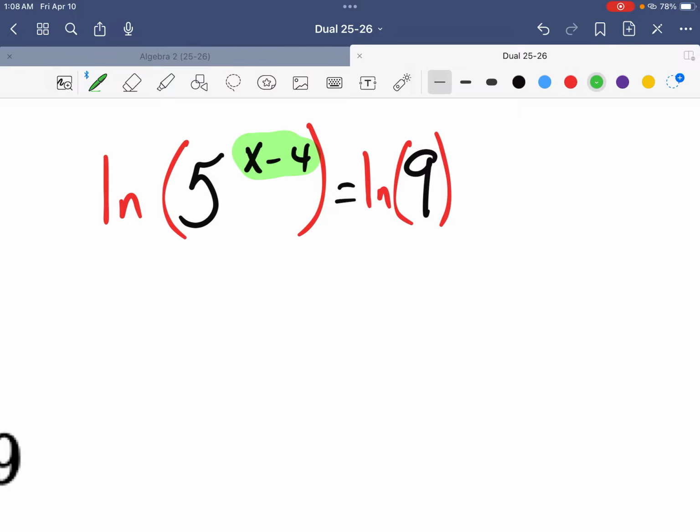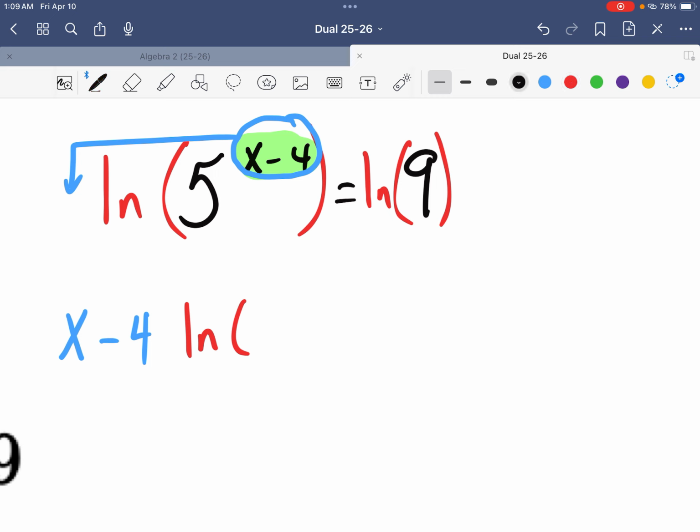So as soon as I put the ln there in red, I am now able to take all of this and put it in the front, right there. The x minus 4 falls down because I took the ln, okay? So x minus 4. Then I still have ln of 5.